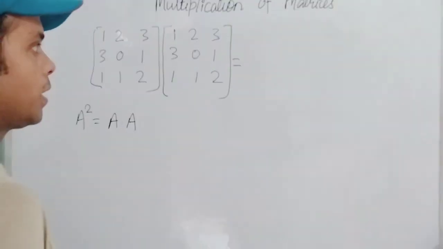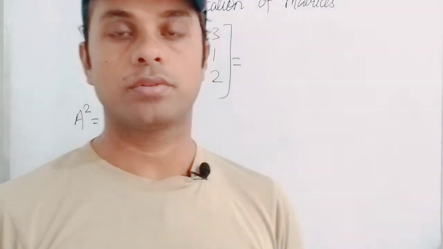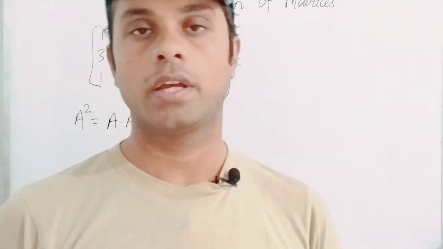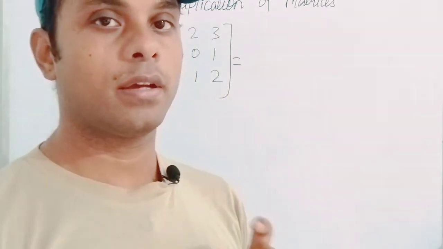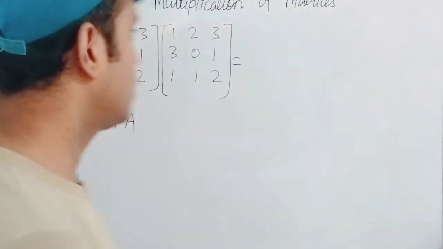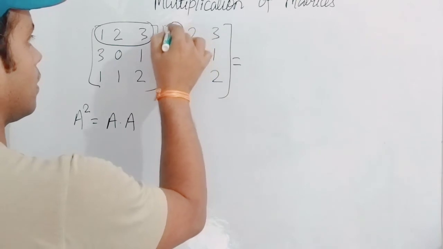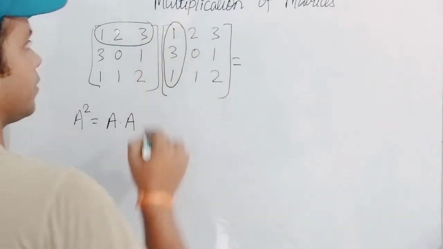Now let's multiply them. So as we know that we multiply row with column. Okay, so first we multiply R1 with C1.